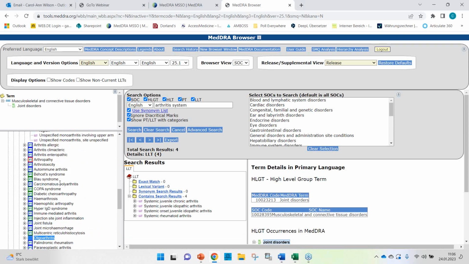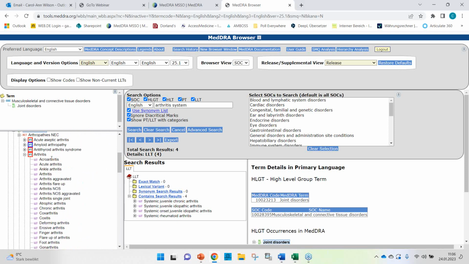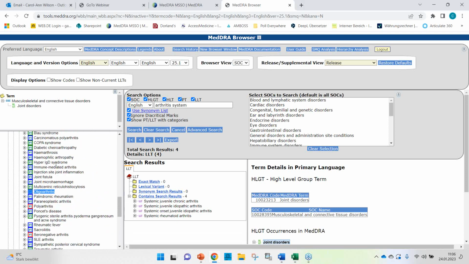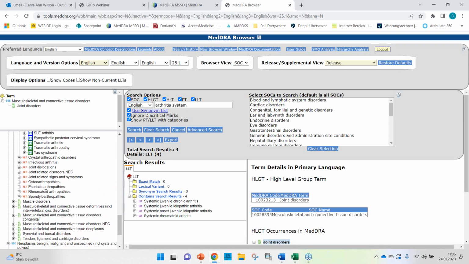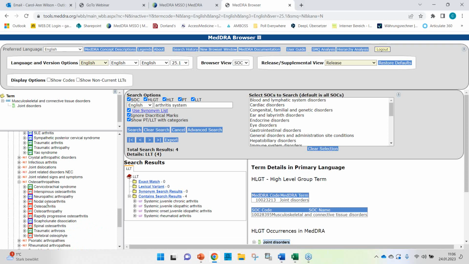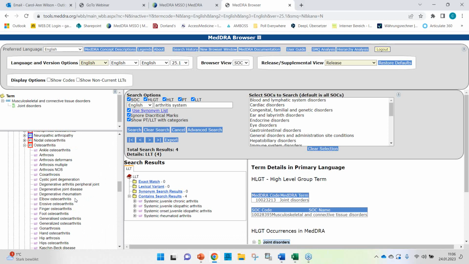So we have all the arthritis terms here. Now let us look for the osteoarthropathies, where not only the joints are affected, but also the bone. And here's our osteoarthritis. Let us look into this PT, and what we find under this PT is the LLT arthrosis, because this is considered a synonym of osteoarthritis in MedDRA.